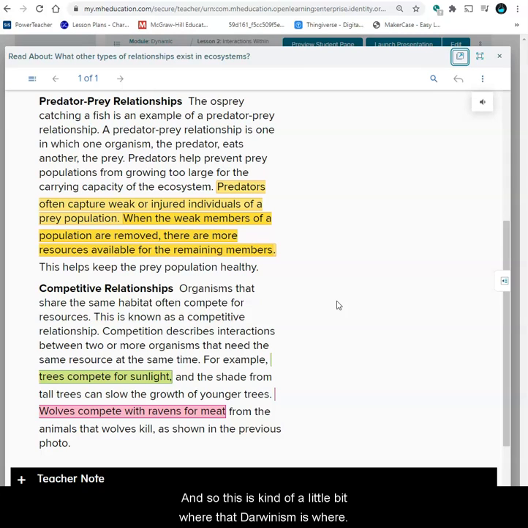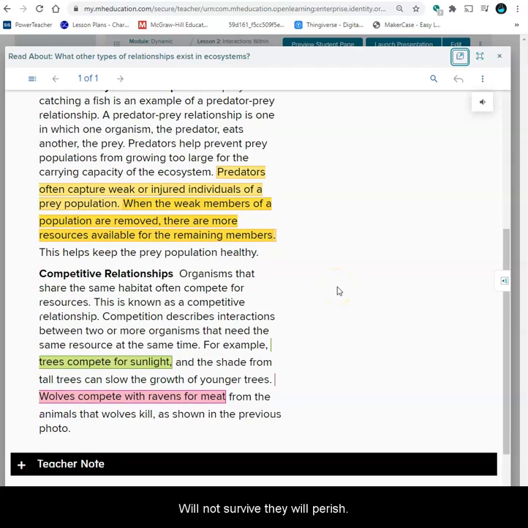So this is a little bit where that Darwinism is, where the species and organisms best suited for the environment will thrive, whereas those that are not fitted for the environment will not survive. They will perish.